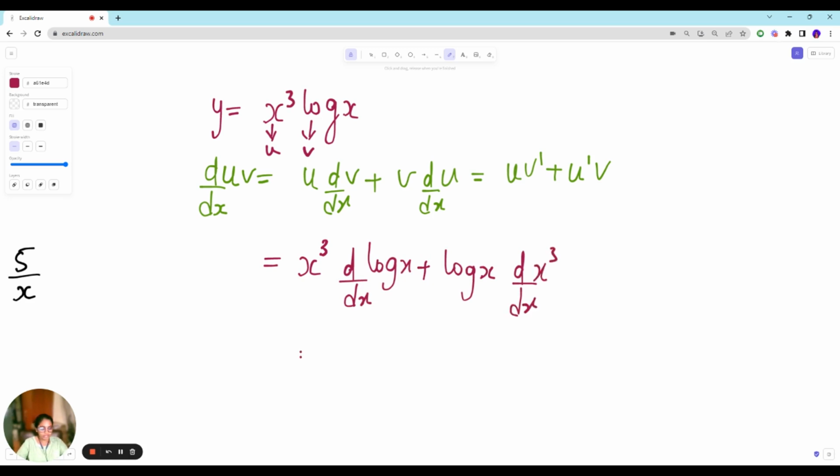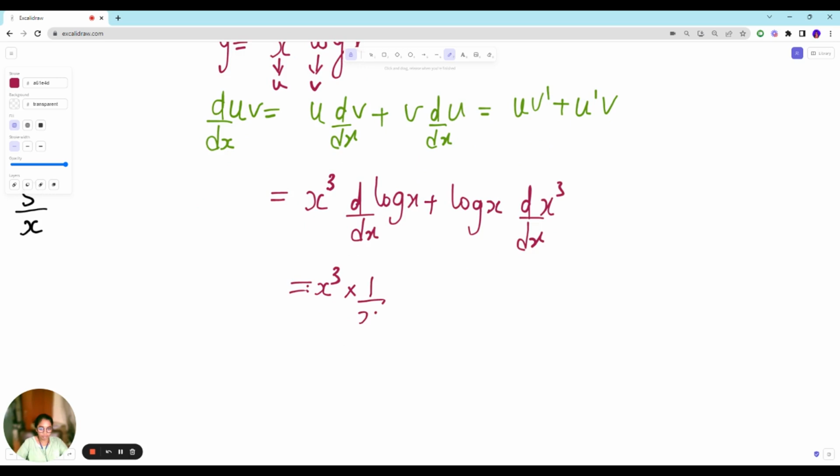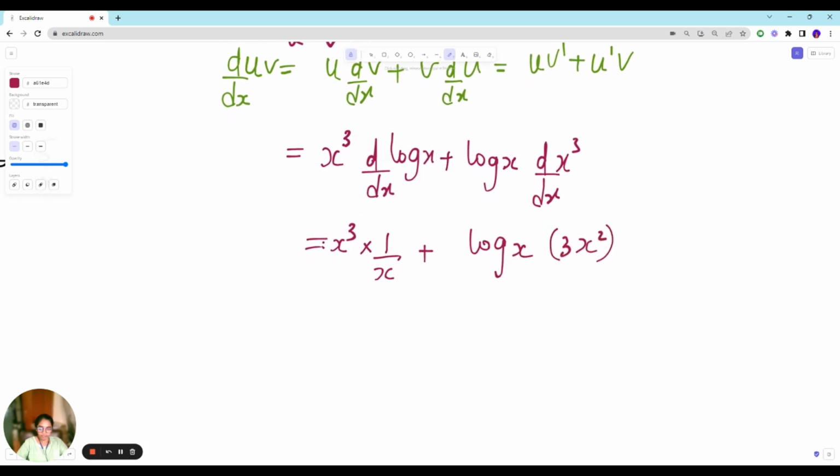What will I get? X cube into the derivative of log x, which is 1 divided by x, plus log x into the derivative of x cube, which is 3x square. Now one of the x gets cancelled, so I'll get x square plus 3x square log x.